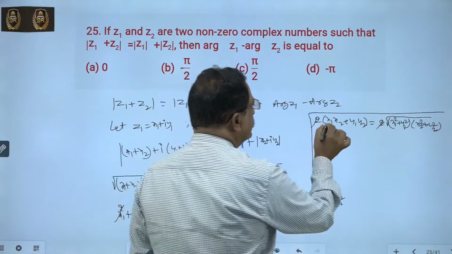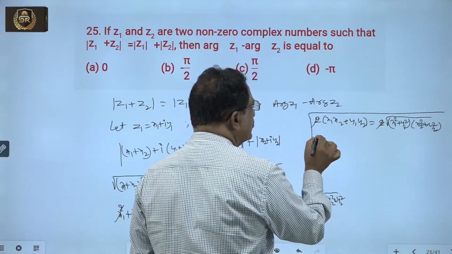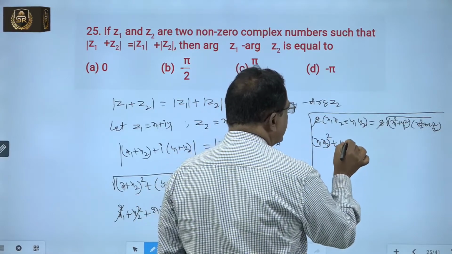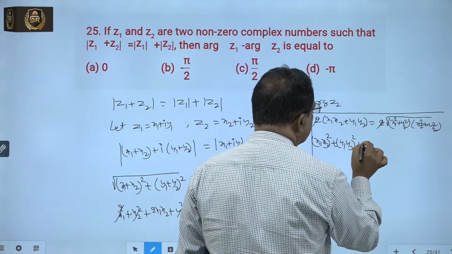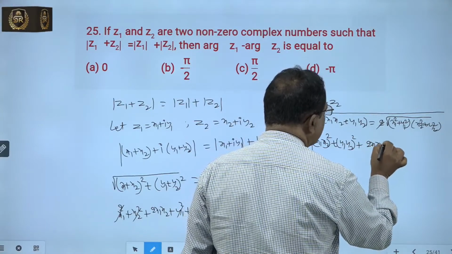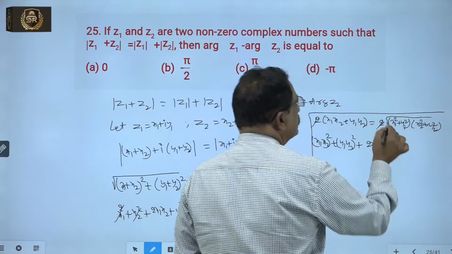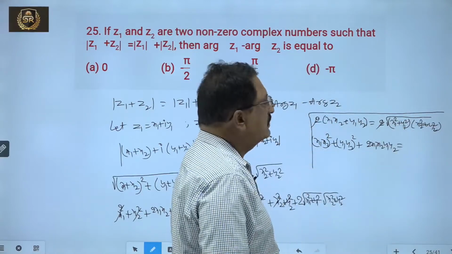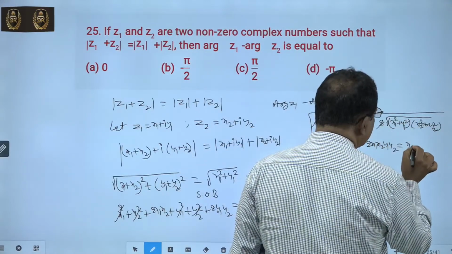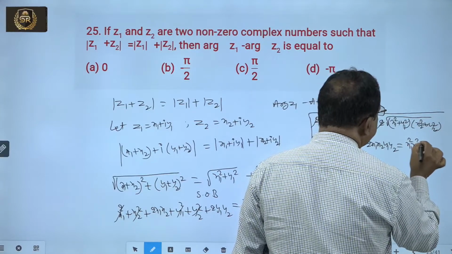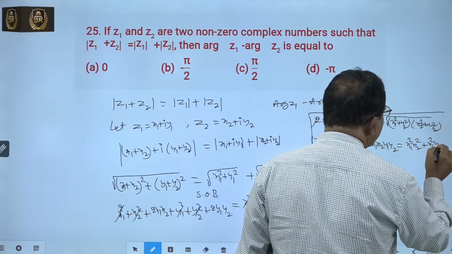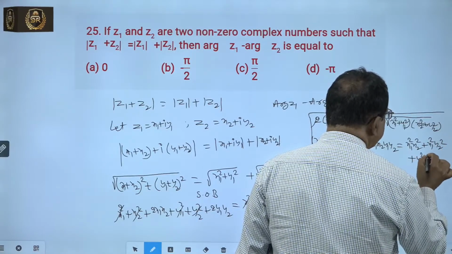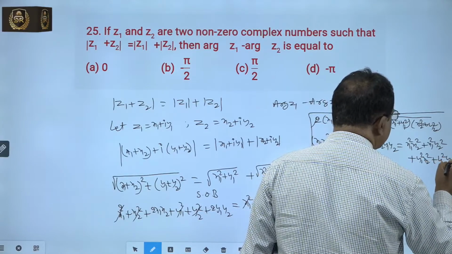Again squaring on both sides, using the a plus b whole square formula on the left, we get x1x2 whole square plus y1y2 whole square plus 2x1x2y1y2 equals, since square and root cancel, multiplying the two factors, x1 square x2 square plus x1 square y2 square plus y1 square x2 square plus y1 square y2 square.